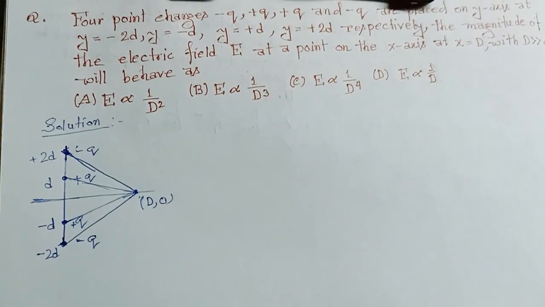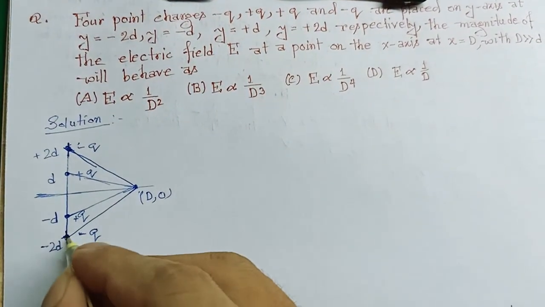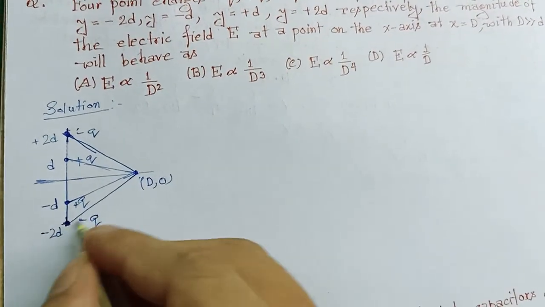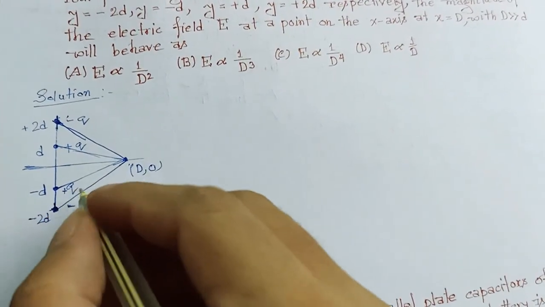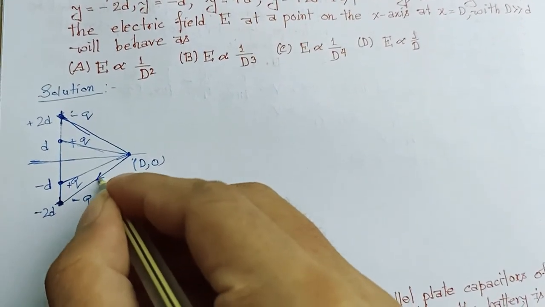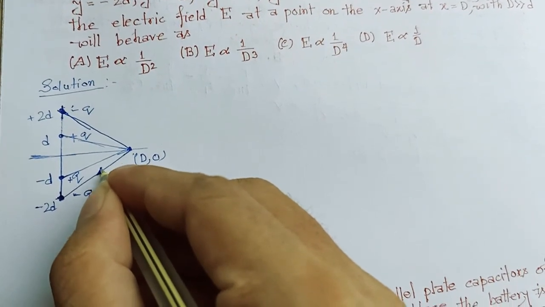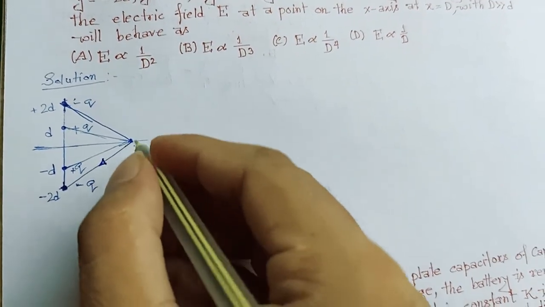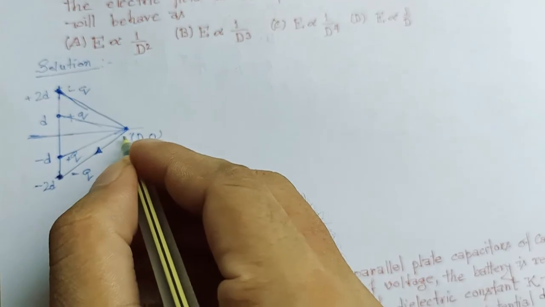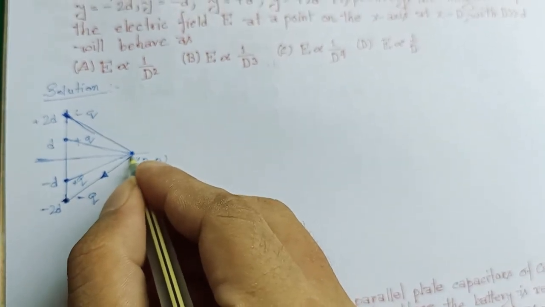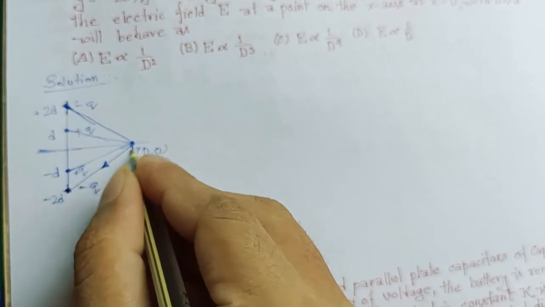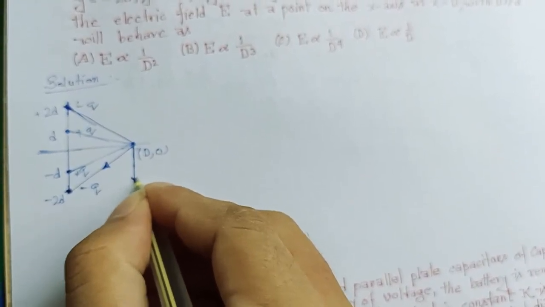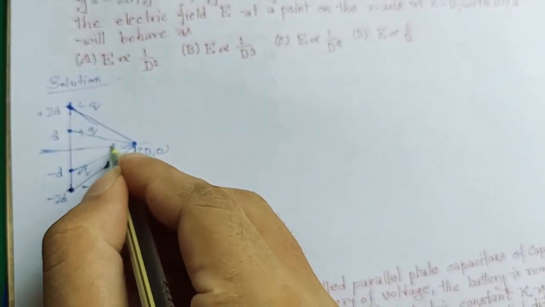For finding the magnitude of electric fields, as there is a negative charge, the direction of the electric field will be in this direction. If we divide this electric field into 2 components, one is in this direction and another one is in this direction.